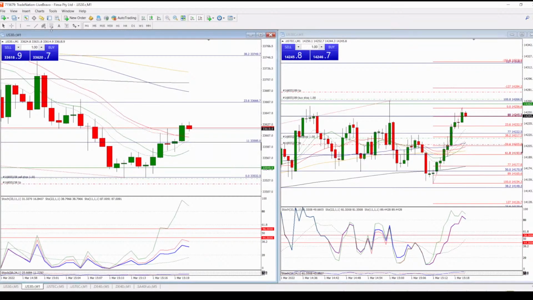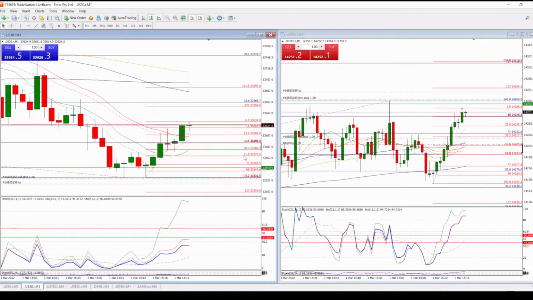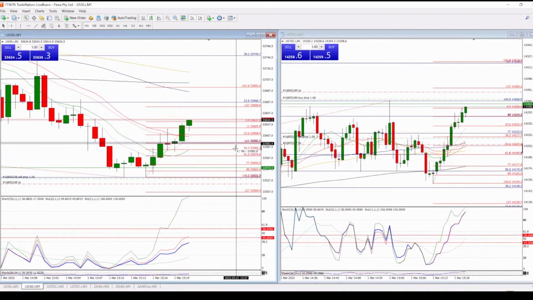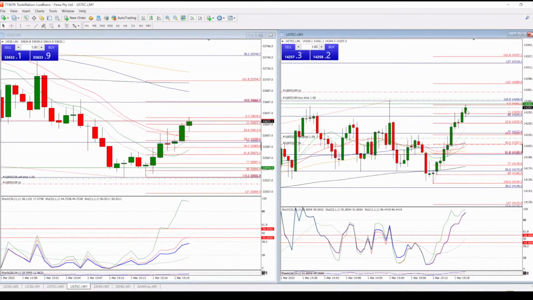Just going to start measuring on Dow extension curve. We're watching US Tech for that buy stop. Don't really see anything in our way. And you guys, I'm going to delete this buy stop.